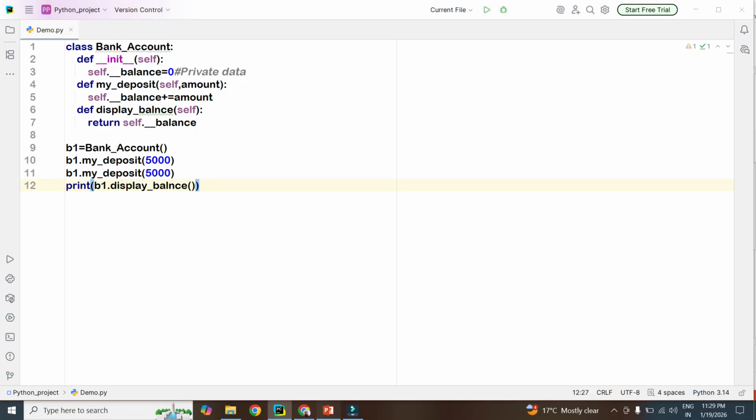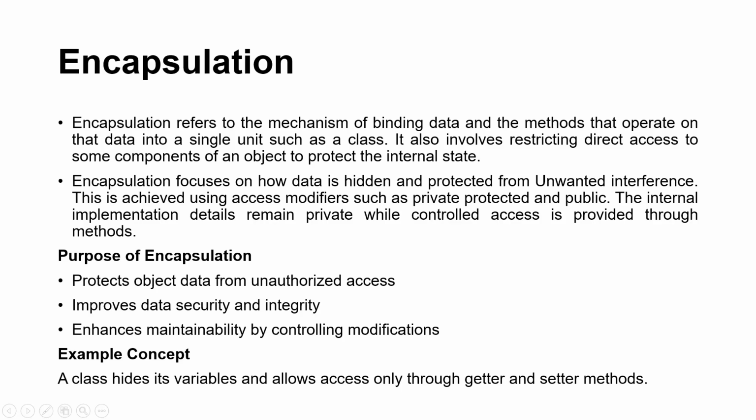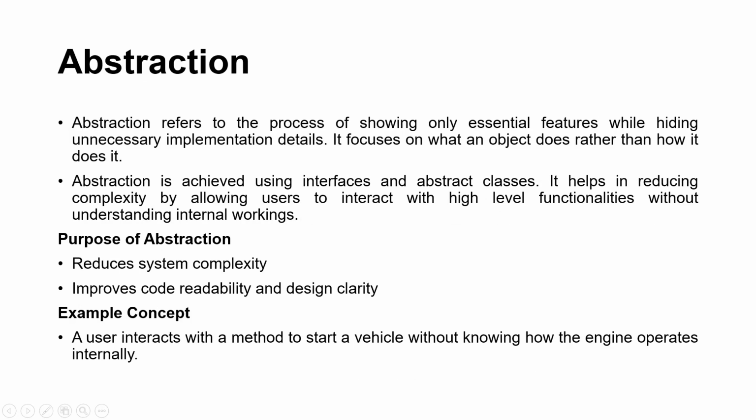Now we will move to the next topic, that is abstraction. So what exactly is abstraction? Abstraction refers to the process of showing only essential features while hiding unnecessary implementation details. It focuses on what an object does rather than how it does it.